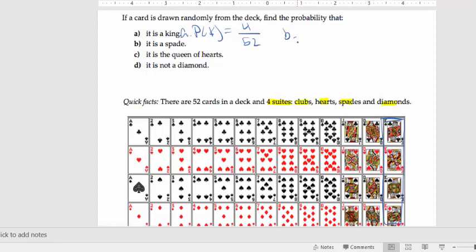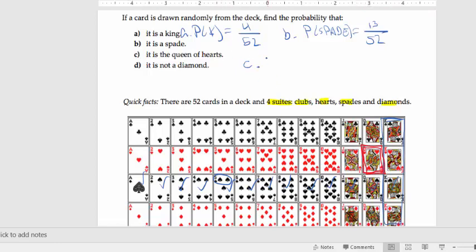The probability of getting a spade, well, a spade is that symbol there. That suit is known as the spade. And there's 1, 2, 3, 4, 5, 6, 7, 8, 9, 10, 11, 12, 13 cards in that suit. So the probability of a spade is going to be 13 out of 52. Now the Queen of Hearts is actually a specific card. The Queen of Hearts is actually this one specific card here. So there's only one favorable outcome there.